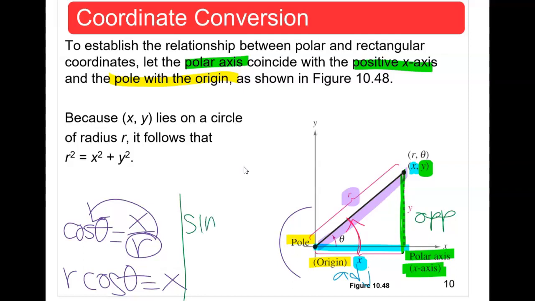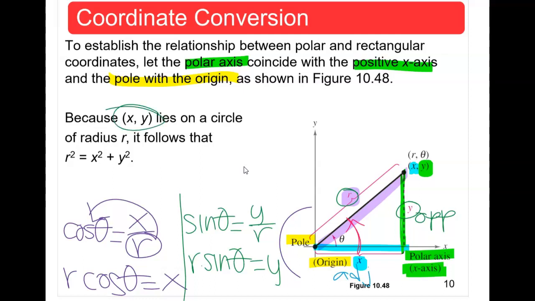So sine of theta is going to be opposite over hypotenuse. The opposite is y, and the hypotenuse is r. So y will be equal to r times sine theta. And that is how we could go from x, y to polar, or vice versa.